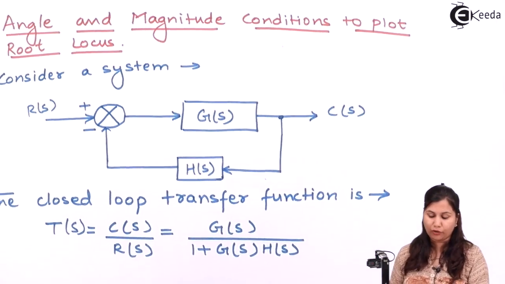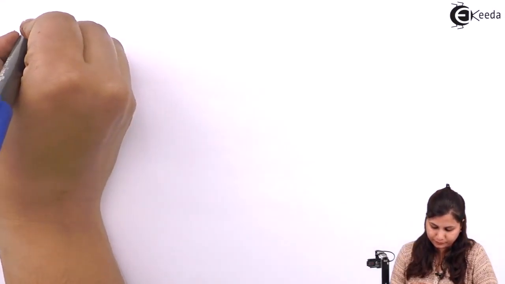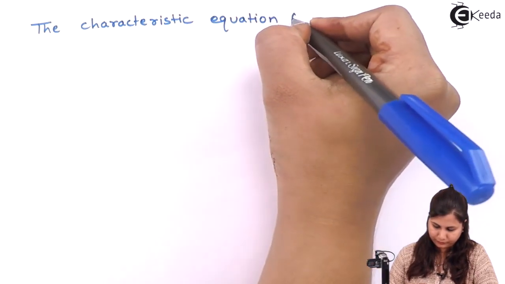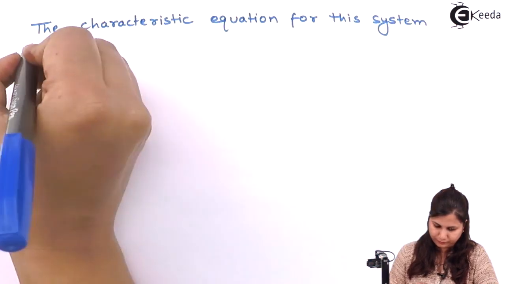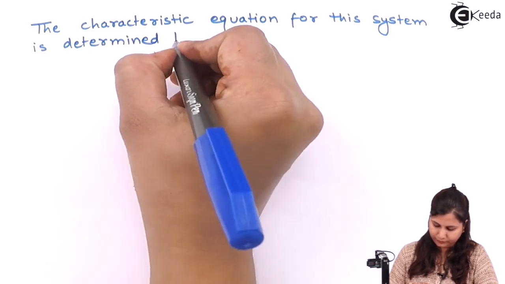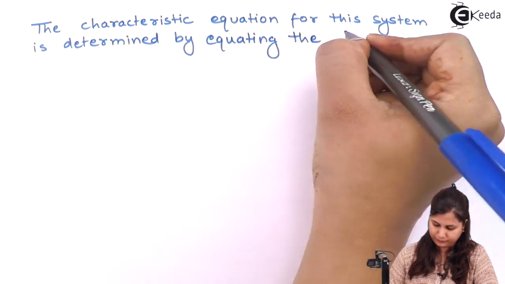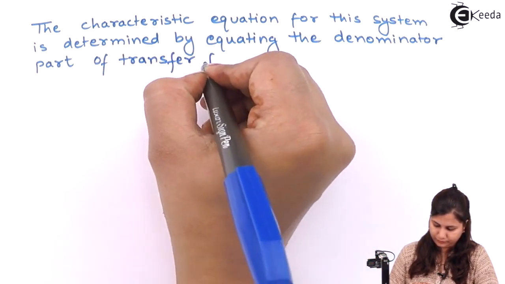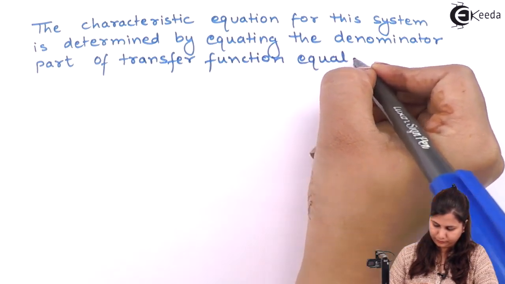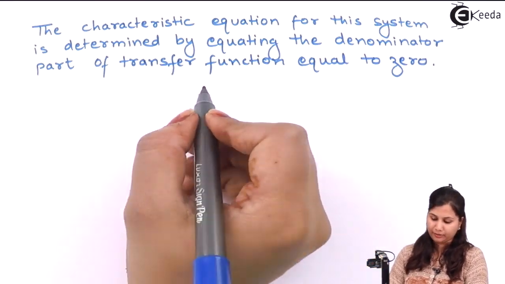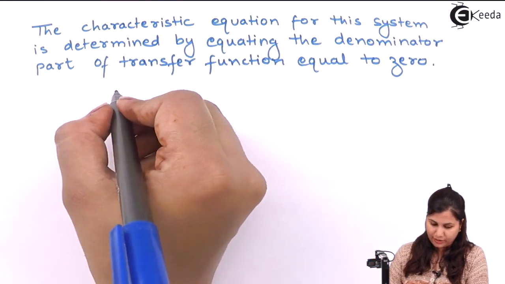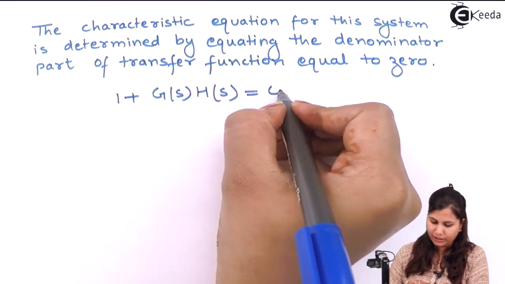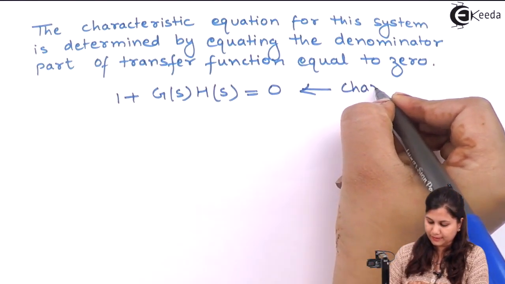So the denominator part of this transfer function is 1 plus GSHS, and if we equate it to 0, it will become the characteristic equation of the system.